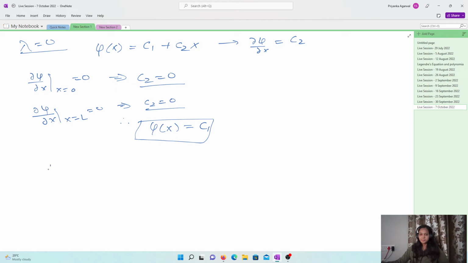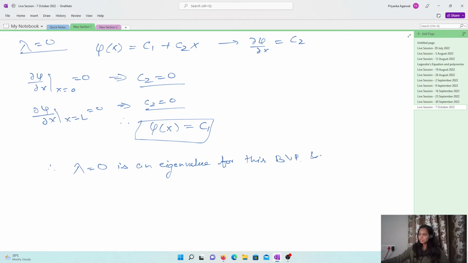Therefore, lambda equals 0 is an eigenvalue for this boundary value problem.